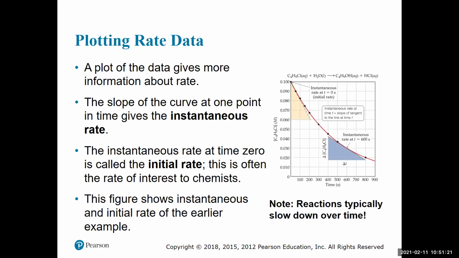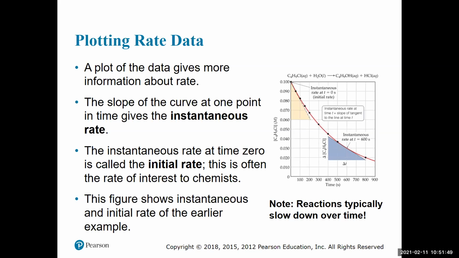And on the y-axis, we have the concentration of the butyl chloride. We start out at 0.1 at time 0, and then we plot that concentration as it goes down with time. The way you would know the concentration is that at each of these time points, you would sample from your reactor and analyze it to see how much butyl chloride is left. And that would then allow you to do this plot.